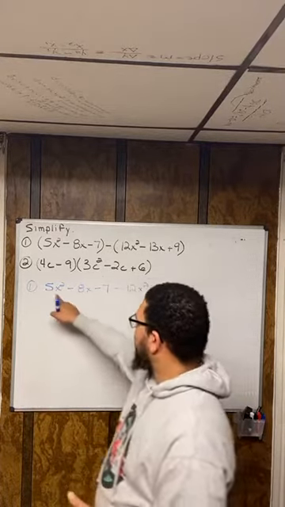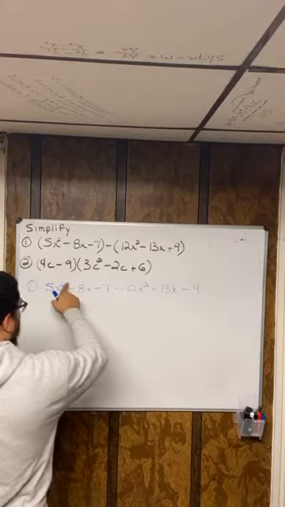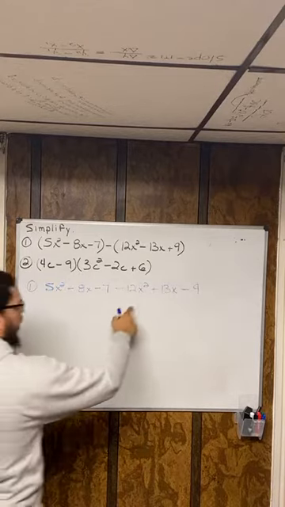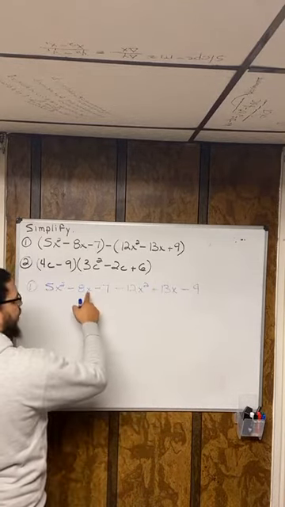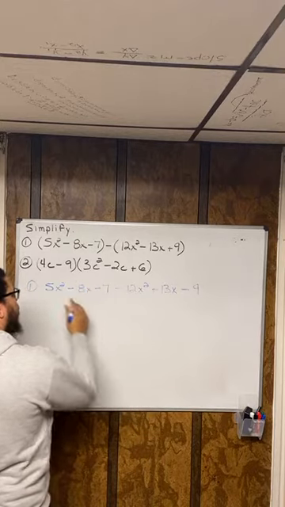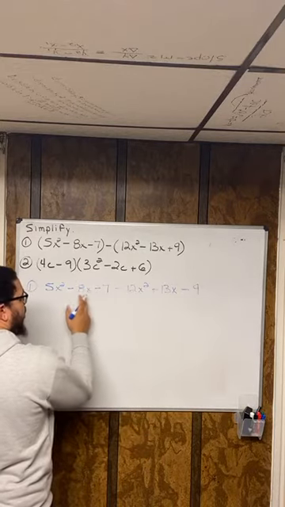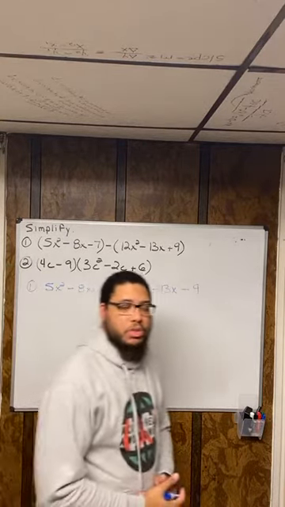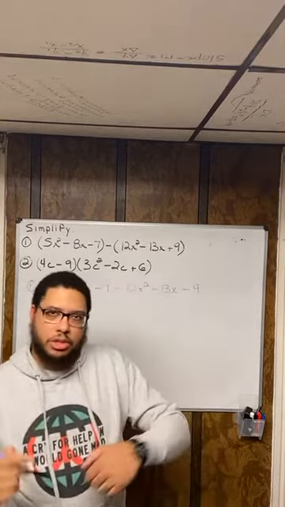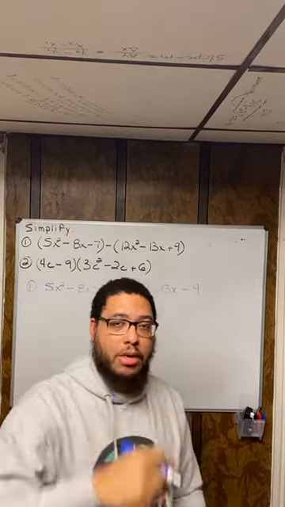For example, I see an x with an exponent 2 right here. I see another x with an exponent 2 right here. I see an x right here, but it does not have an exponent 2. So this and this are not like terms. This and this are like terms. So what I suggest people do is draw some type of symbols or shapes, or make some type of marking around the like terms.